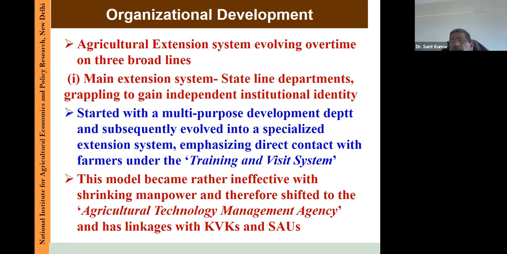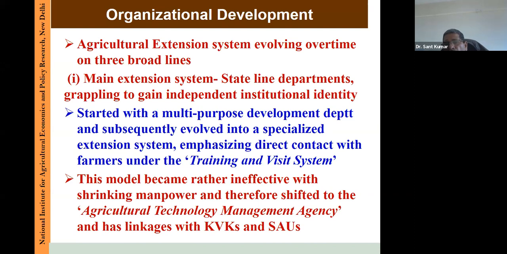The agriculture extension system has evolved over time along three broad lines. The main extension system lies with the State Department, grappling to gain an independent institutional identity. It started with the multi-purpose development departments and subsequently evolved into a specialized extension system, emphasizing direct contact with the farmers under the training and visit system.